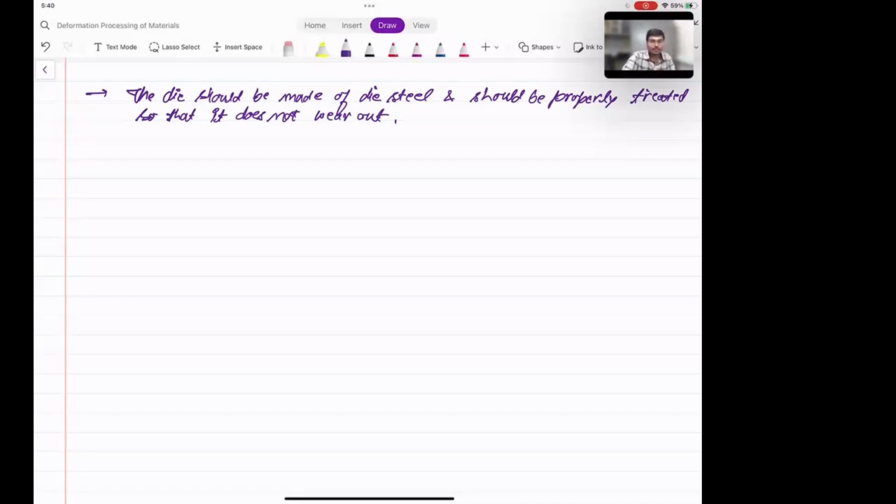Now let us see some mathematical parameters or control parameters which influence the extrusion process. So one of the terms is the extrusion ratio or the reduction ratio. Let us see what is meant by extrusion ratio.